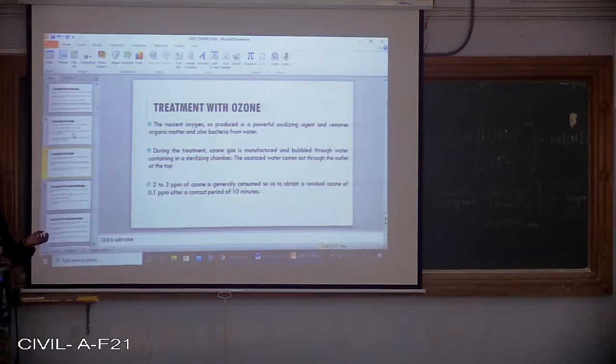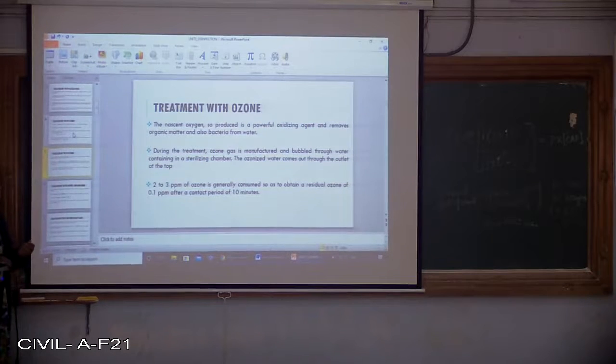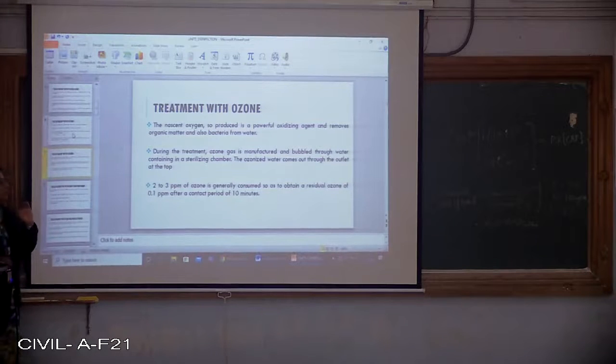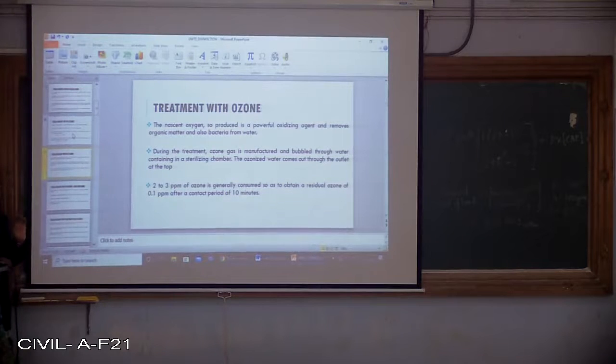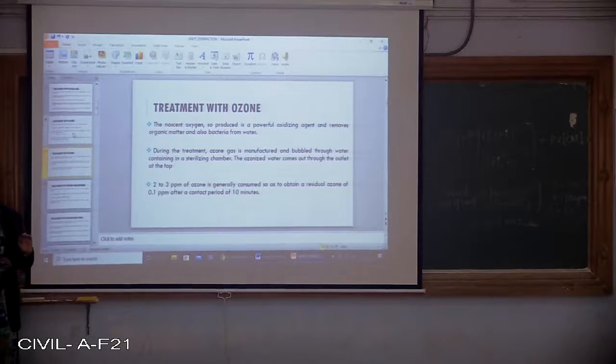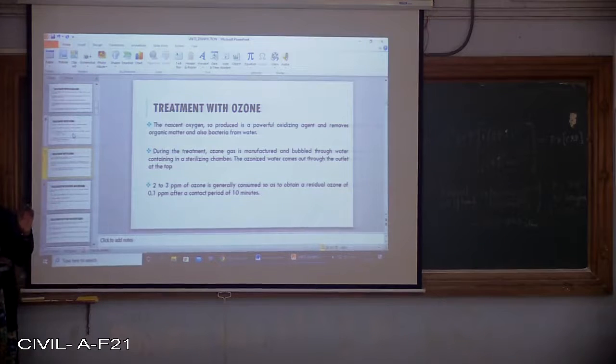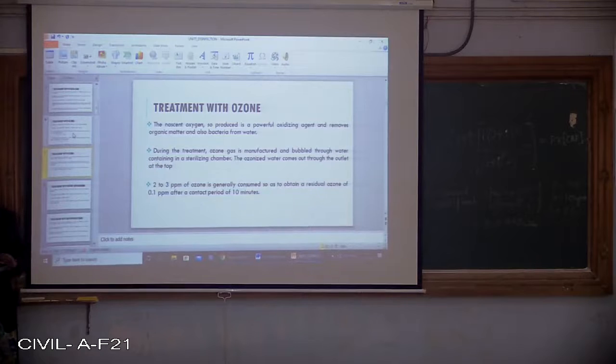The ozone forms bubbles in the water and gets out of the sterilizing chamber. The ozonized water comes out through the outlet at the top. So this purified ozonized water comes out at the top.